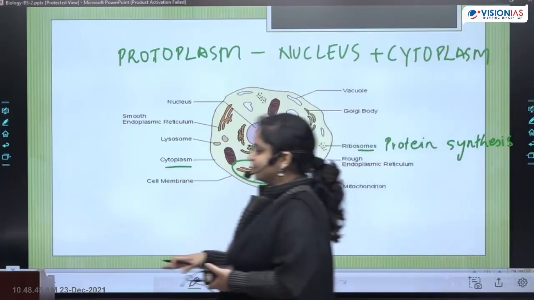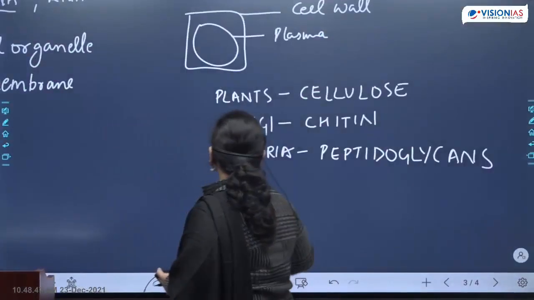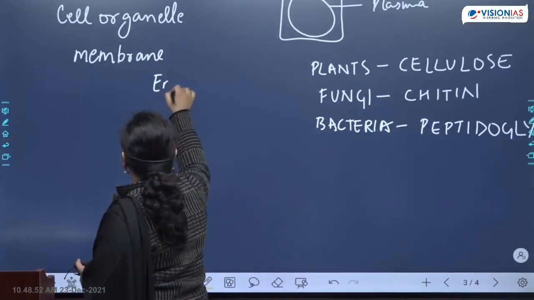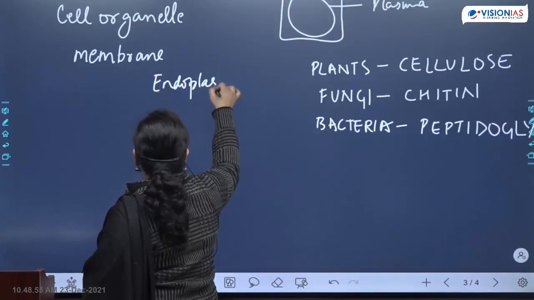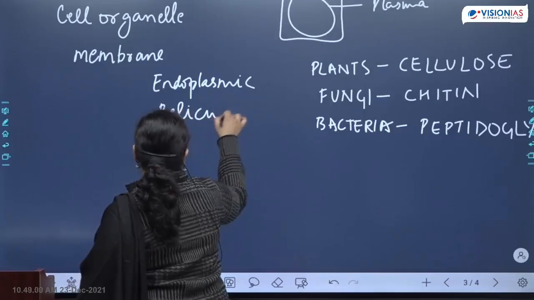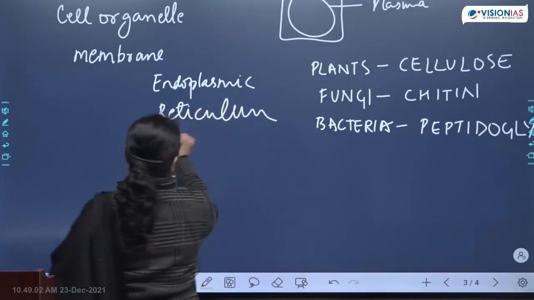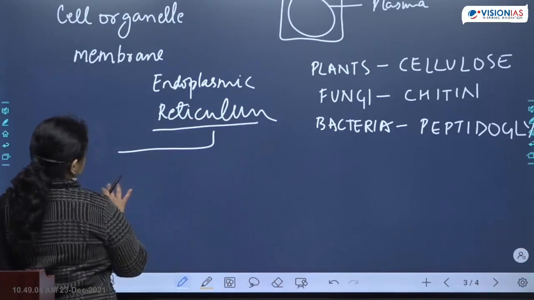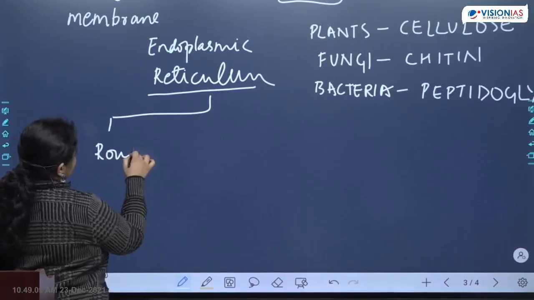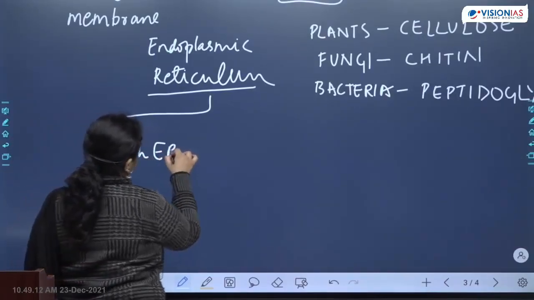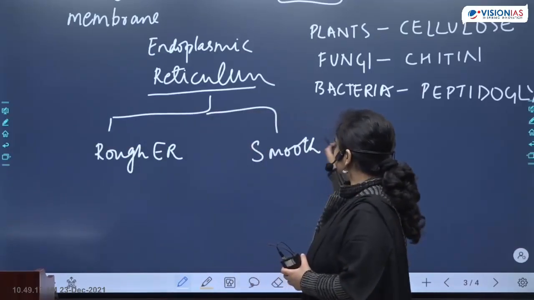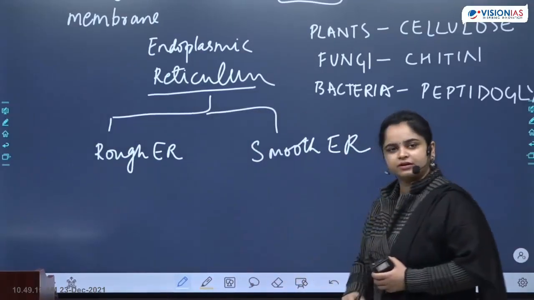They can have ribosomes attached to them, or they can be without ribosomes also. If they have ribosomes attached to them, they are called rough endoplasmic reticulum. If they do not have ribosomes, they are called smooth endoplasmic reticulum.